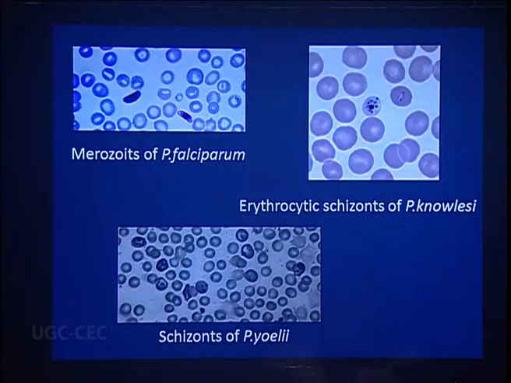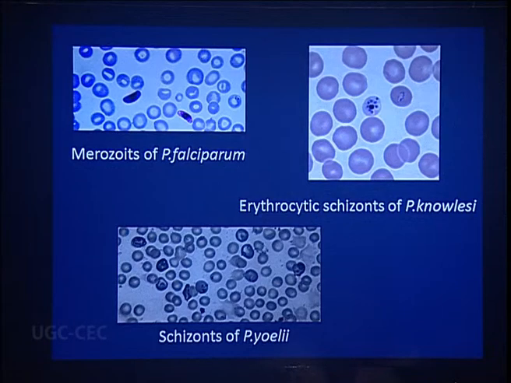And apart from these three, there is the dangerous Plasmodium falciparum, which is also called the malignant malaria, and also Plasmodium knowlesi, which is a zoonotic disease mainly invading animals. And lastly, there is another type, Plasmodium hyoli, which is African malaria.